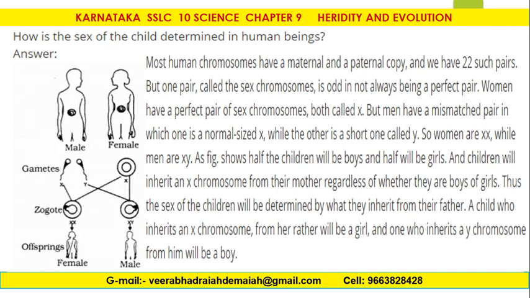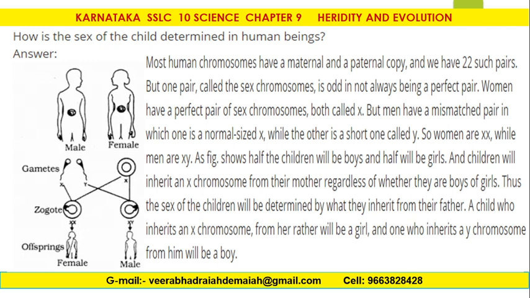Women have a perfect pair of sex chromosomes, both called XX. But men have a mismatched pair in which one is the normal sized X while the other is a short one called Y. That means a man has the chromosomes X and Y. So women are XX while men are XY.